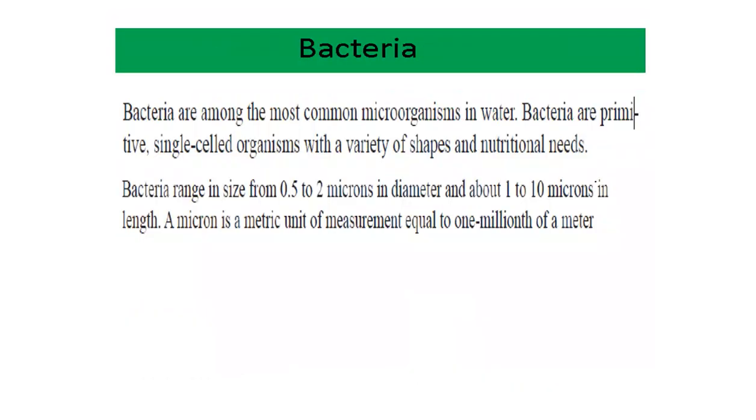So bacteria are primary single cell organisms with a variety of shapes and nutritional needs. Bacteria range in size from 0.5 to 2 microns in diameter and about 1 to 10 microns in length. A micron is a metric unit of measurement equal to one millionth of a meter.